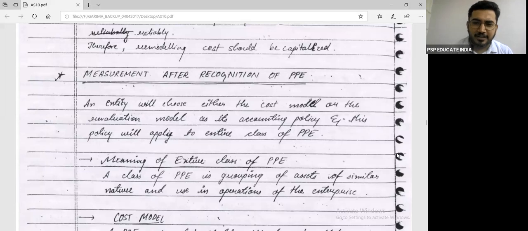I guess everyone agrees you cannot do that. Can I use cost model for classroom and revaluation model for factory?